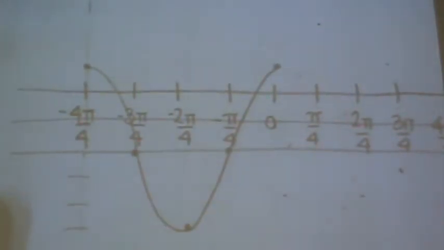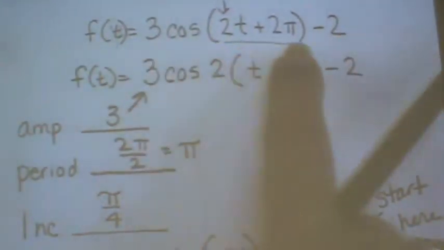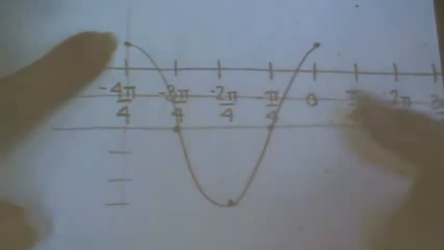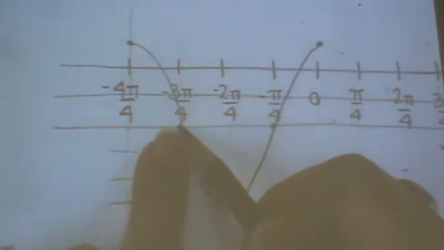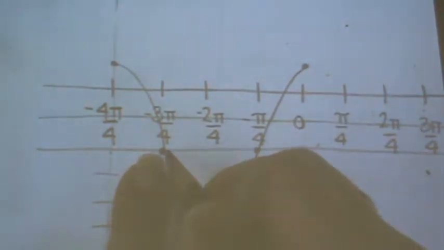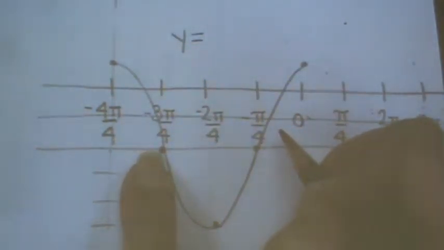So now you should understand that from here, this is the name of the equation right here. But I could turn this graph, if I started here, I could rename this graph as, anyone know? What's the amplitude?